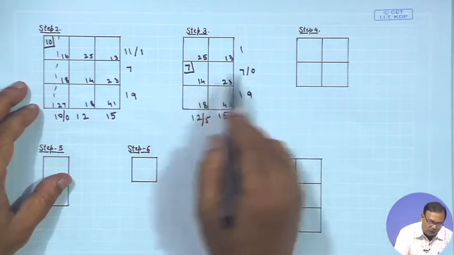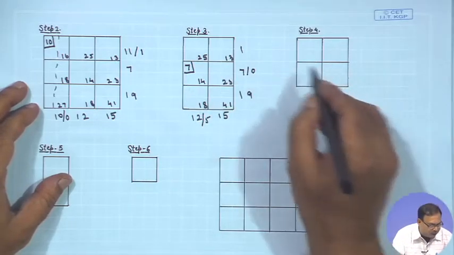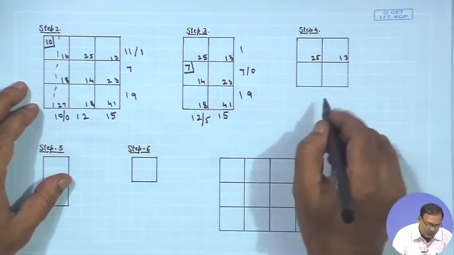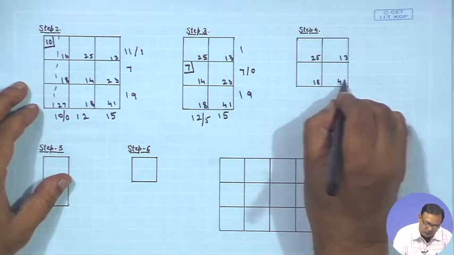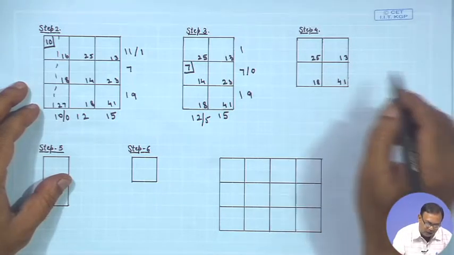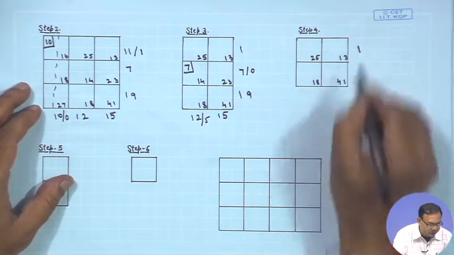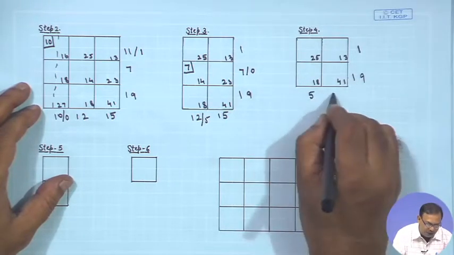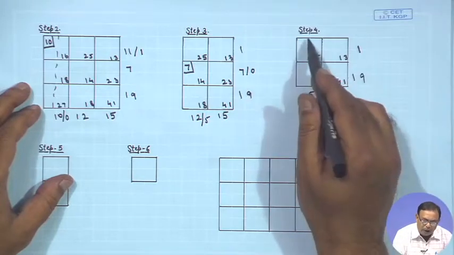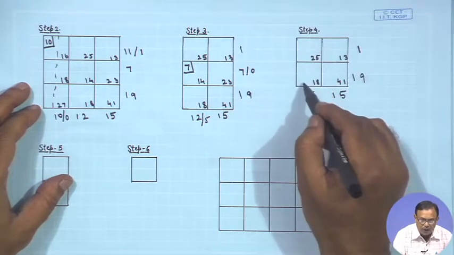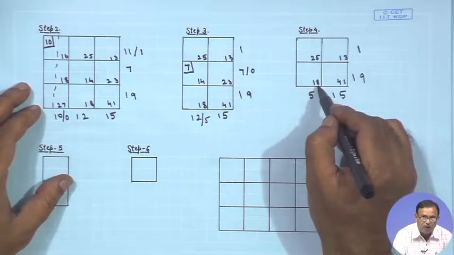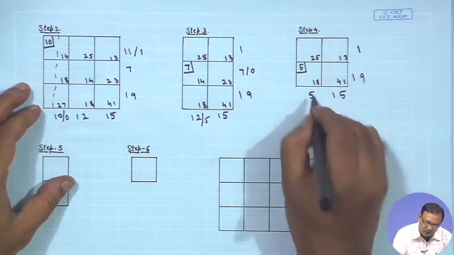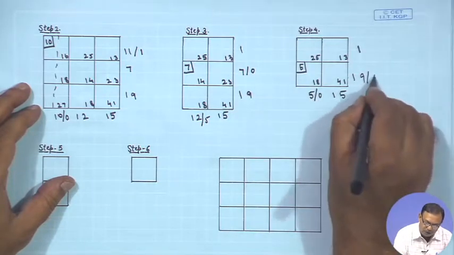So, now you remove this one, so that you will obtain 25, 13 and the last row 18, 41, and the allocations will be 1, here it is 19, here it is 5, here it is 15. Now, again on the first column minimum is the second cell, that is where cost is 18, and minimum of 5 and 19 is 5. So, allocate 5 here. So, this will be 0, this will be 14.